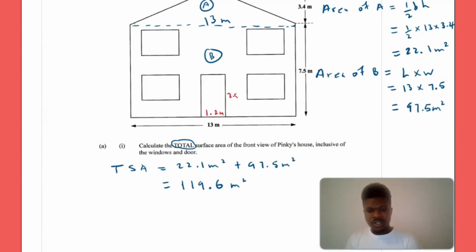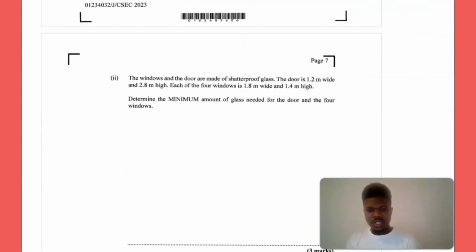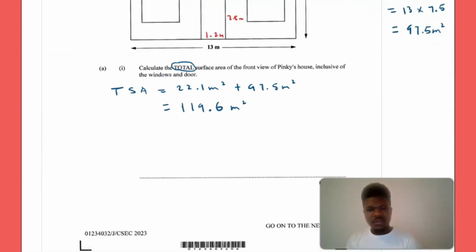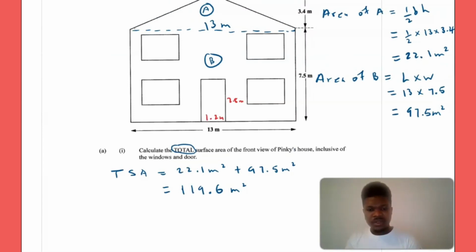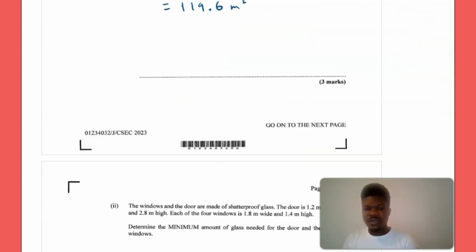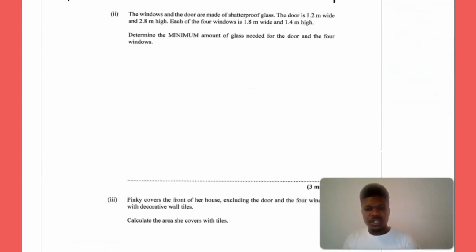This is 2.8 meters, and all windows are 1.8 by 1.4. So for example, this would be 1.8, and that side would be 1.4, and it goes for all of them. So there are one door and four windows. So let's find the door first.